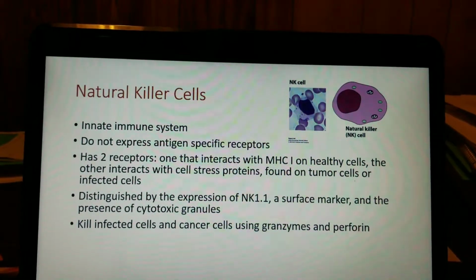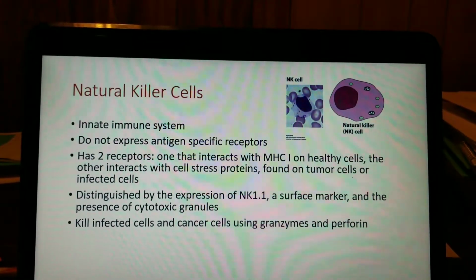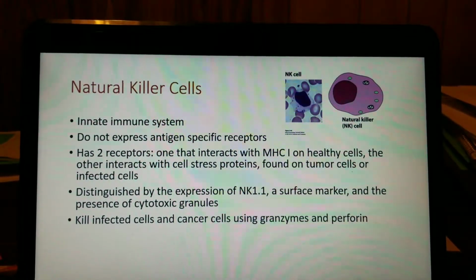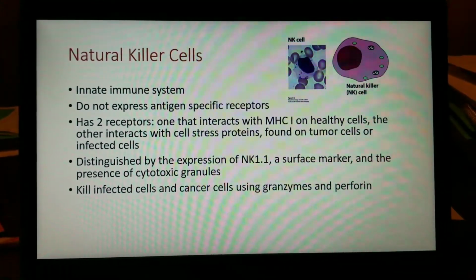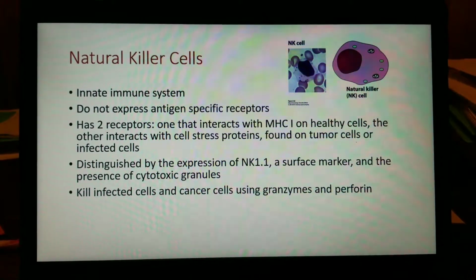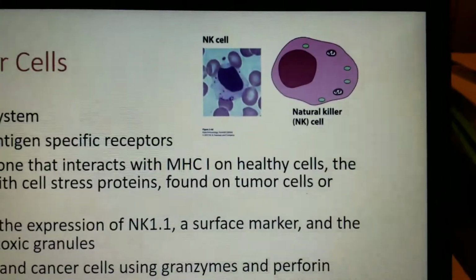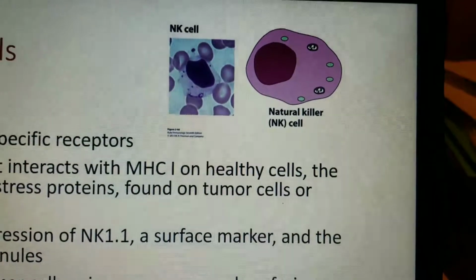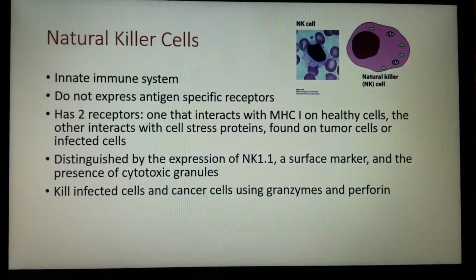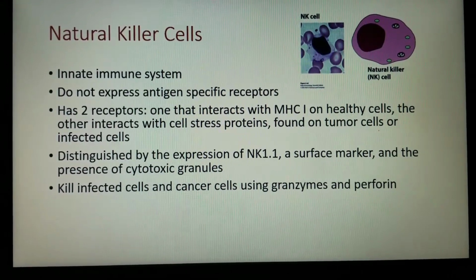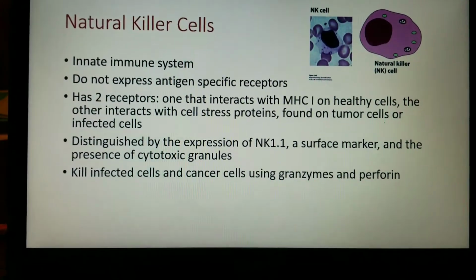Their sole purpose is to kill infected cells and cancer cells using granzymes and perforin. Perforin works by making holes in the infected cell's cell membrane. Here's a diagram of a natural killer cell, and the green circles represent the granzymes and perforin.